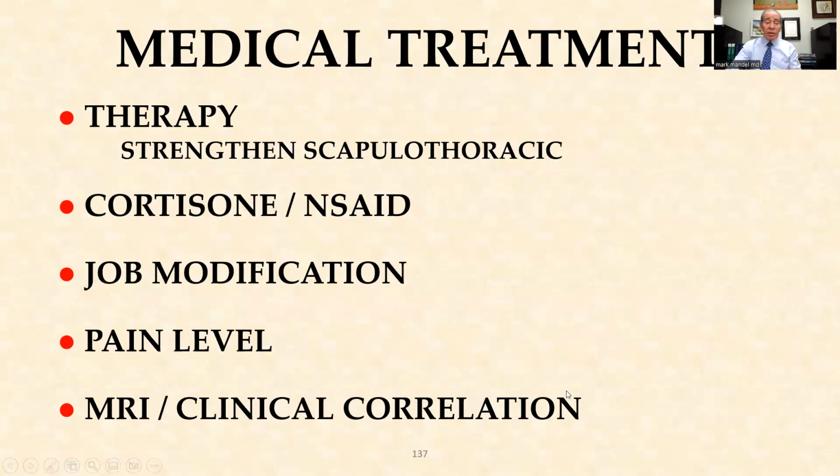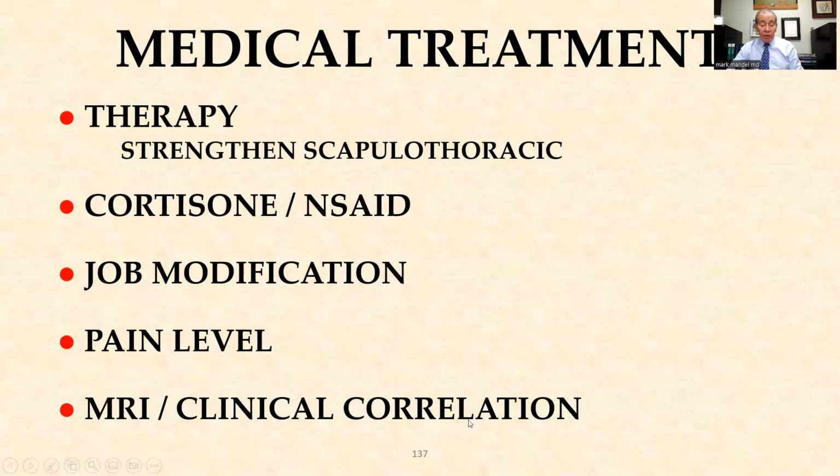How do you treat rotator cuff tears? Medical treatment guidelines: strengthen the scapulothoracic stabilizers, improve motion, cortisone injections, job modification. What you proceed with next is the level of pain and the results from treatment, and then you need an MRI.